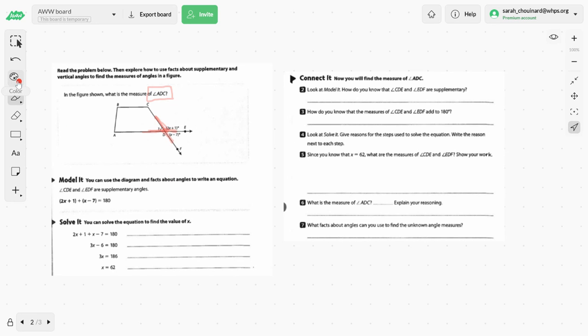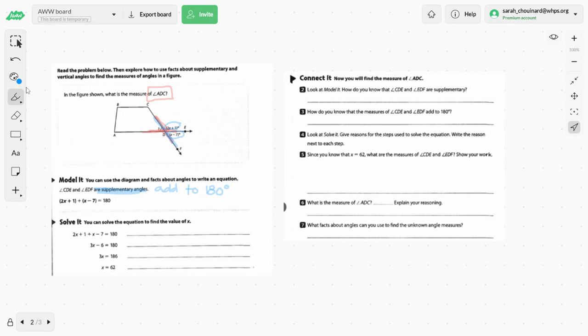What I can also see is that this angle is supplementary to this angle because they make a straight line. They make a straight line together. And we know that straight lines are supplementary, meaning they add to 180 degrees.